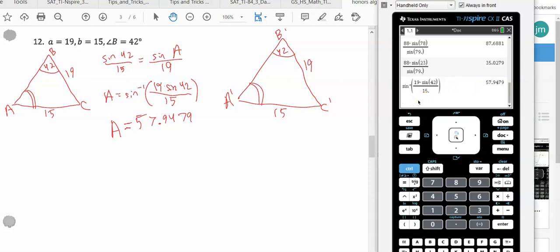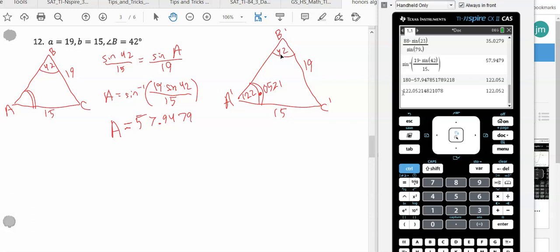So this will be 180 minus that. 122. Let's get more digits here. 122.0521. That definitely is, if you add up 122 plus 42, that's less than 180. So there are two triangles, and now it's just a matter of solving both sets of triangles.